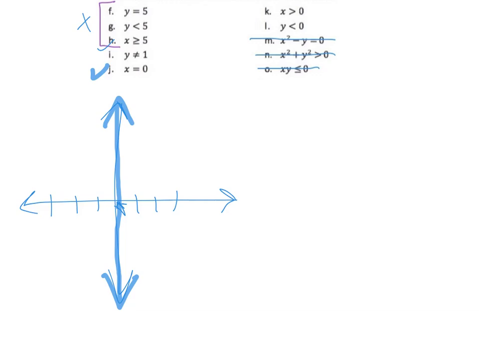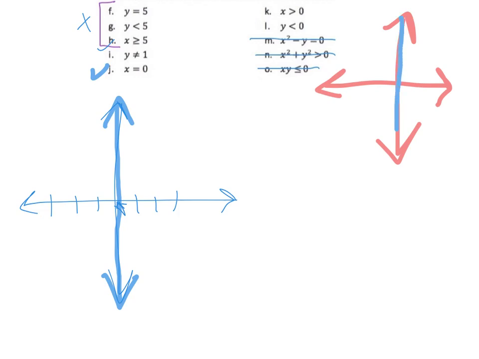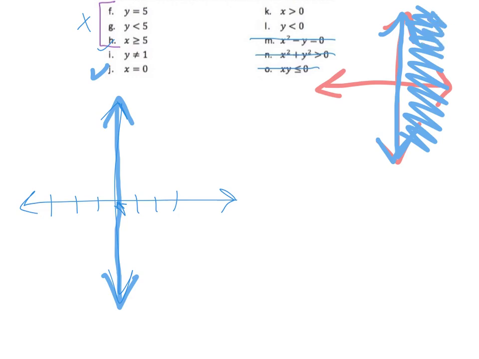How about x is greater than 0? Oops, that's all right. So to do x is greater than 0, first I draw my line, x is equal to 0. And then I shade everything bigger on the bigger side where x is greater than 0.